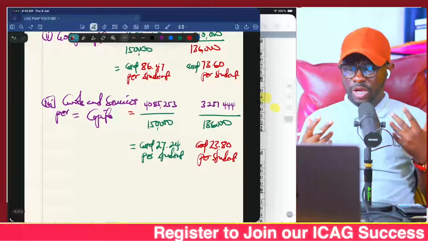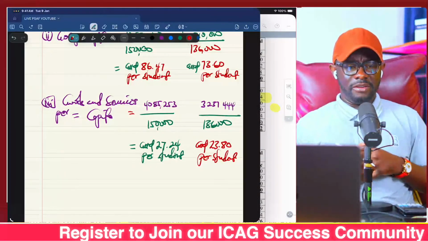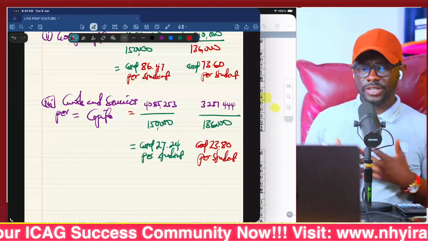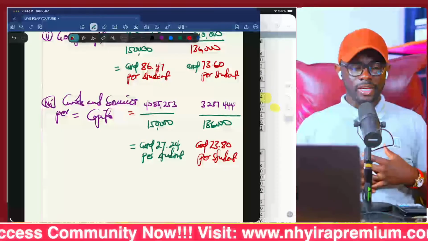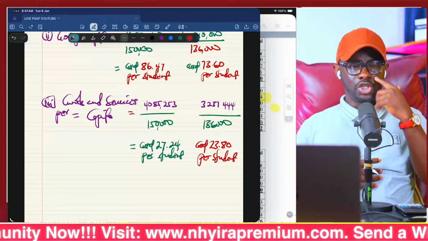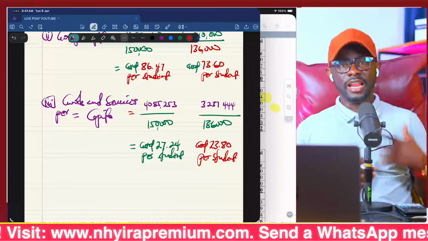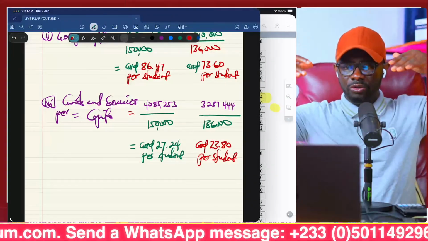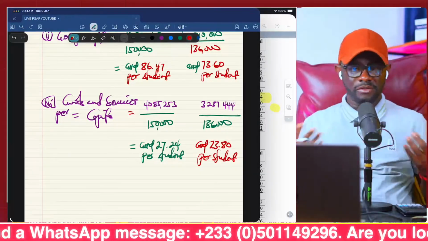But another way we could look at this is if there is any industry or national benchmark. So, for instance, if there is a benchmark that the goods and services per capita should be maybe 50 Ghana cedis or 100 Ghana cedis, then that can be a threshold we use to measure whether the universities are doing well.